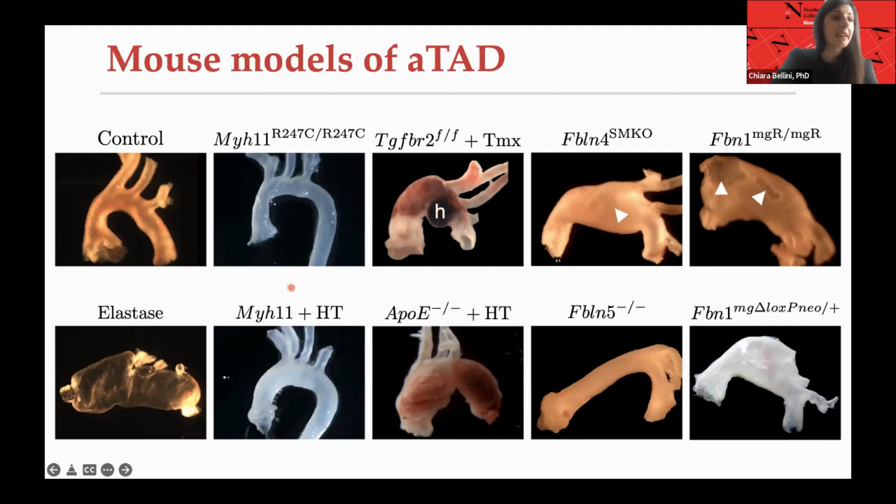Further, mice that carry the rare but recurrent R247C mutation in the smooth muscle myosin heavy chain gene have arteries that appear normal upon gross examination, but they develop dissection when made hypertensive. And so finally, a large dose of a potent vasoconstrictor dramatically increases blood pressure and results in a dilatation of the ascending thoracic aorta in ApoE mice.